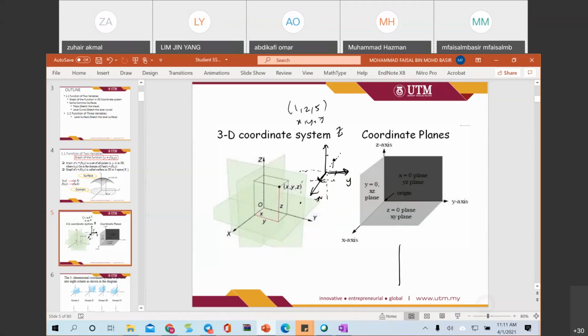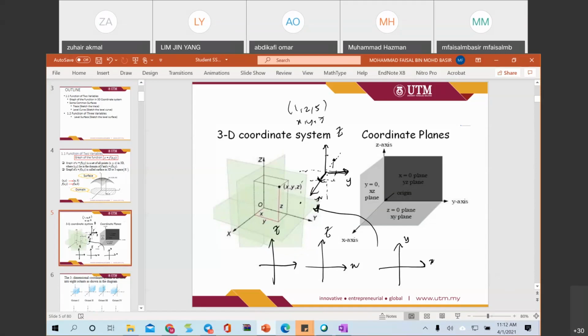But for 2D, it is like this, right? X, Y or Z, X or Z, Y. Okay, for 2D. So all these points, you can merge to here.